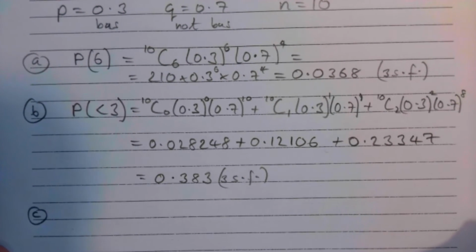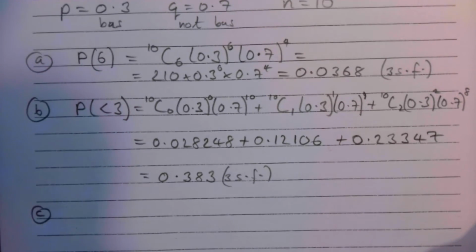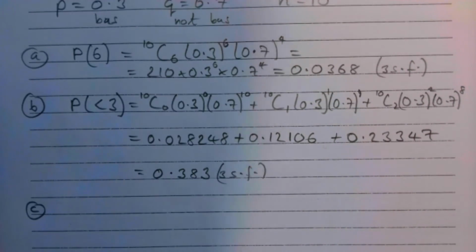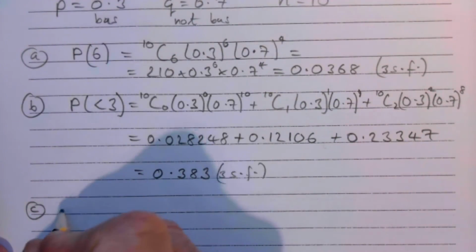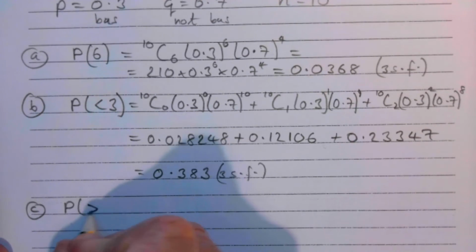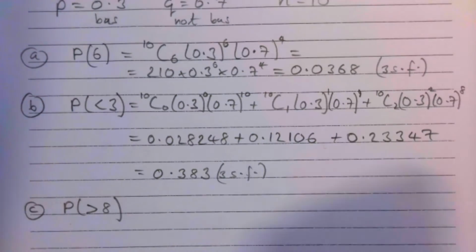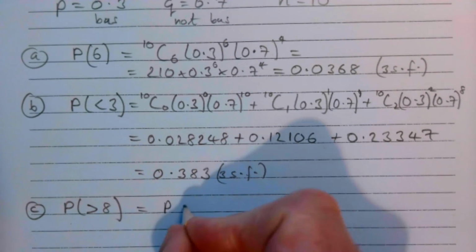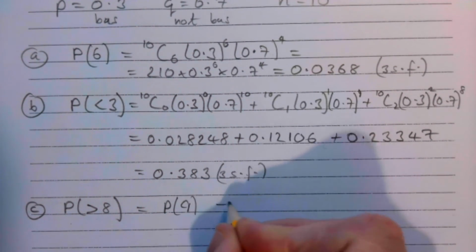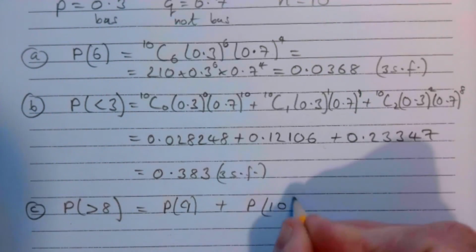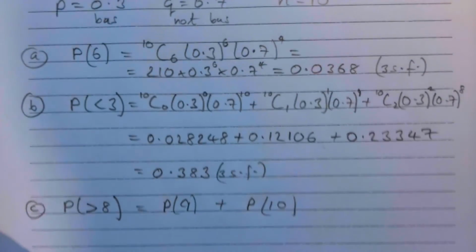Part C, more than 8 pupils travel by bus. So more than 8 pupils is going to be greater than 8. So that's the probability of 9 plus the probability of 10.